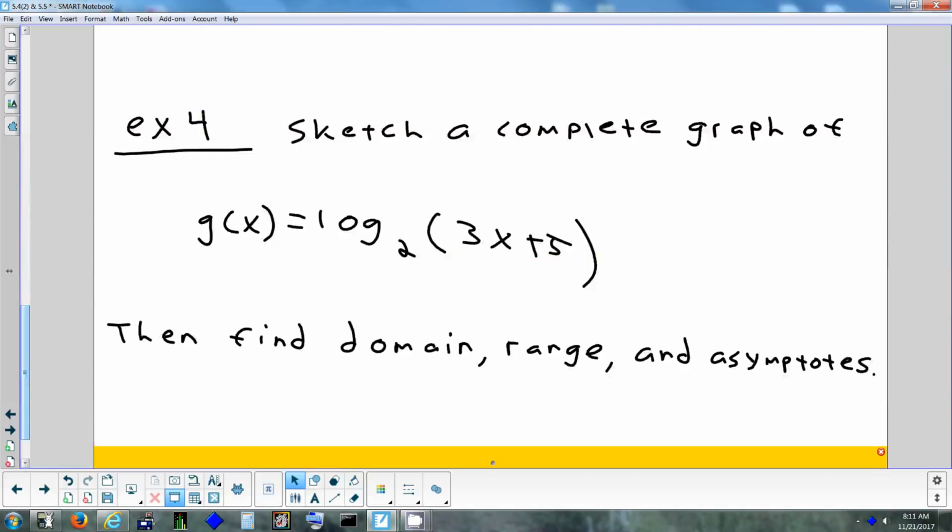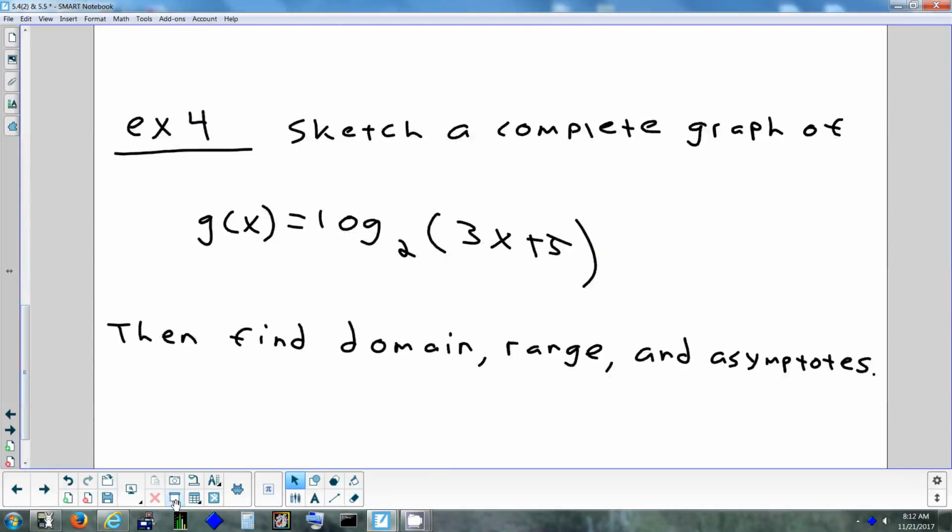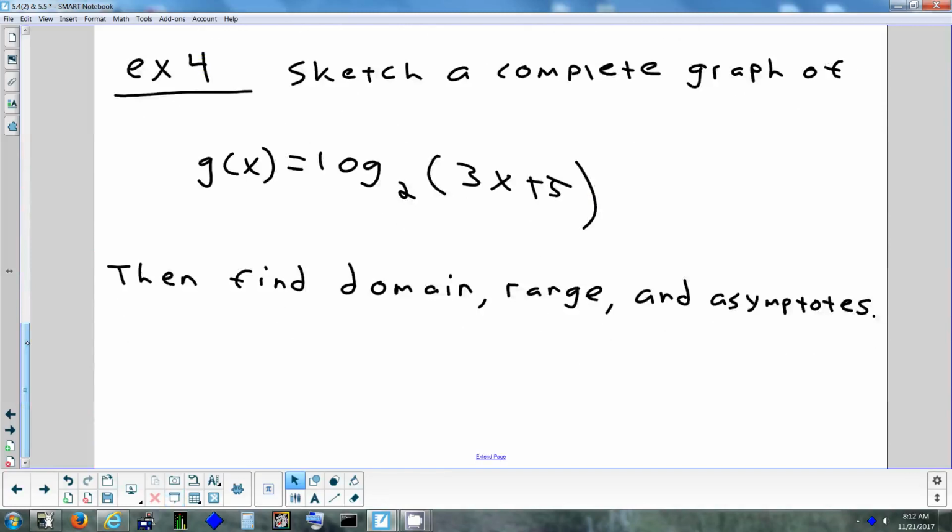All right, so let's sketch that one. And then after we sketch it, we'll find the domain, range, and asymptotes. Right, let's start with my vertical asymptote. Just because to make a sketch, I really need to do that anyway. So even though it's the second part of the problem, let's do that right away.